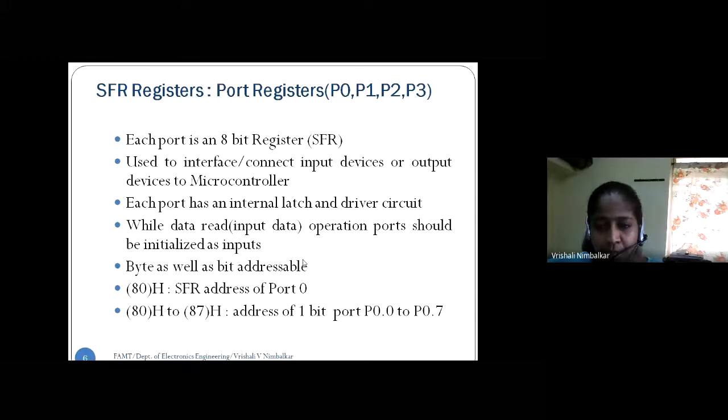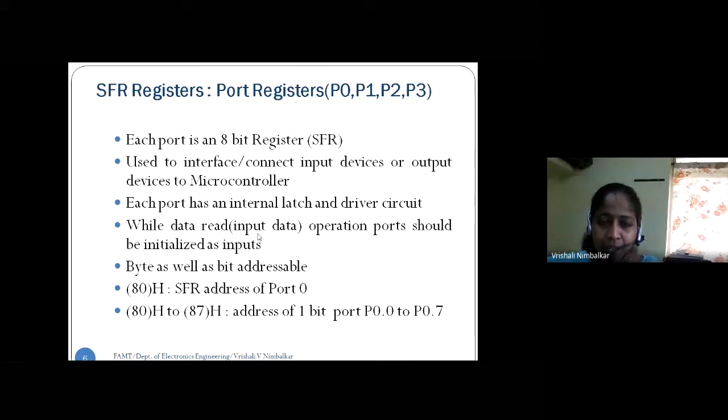Now, one important point associated with ports is that whenever we take in data, the ports are to be initialized as inputs. I should write some instruction which will make those ports act as input ports. So we need to initialize the ports as inputs and only then can we read the data from the port.